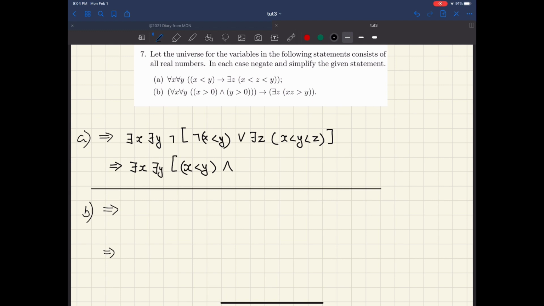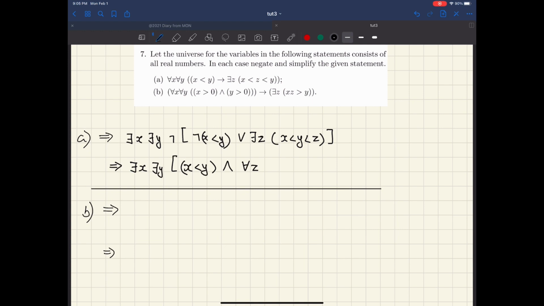Your disjunction becomes a conjunction. For some becomes for all, so it would be for all z. Now, since it was x less than z and z less than y, it would be the other way around: x is greater than or equal to z, or z is greater than or equal to y.